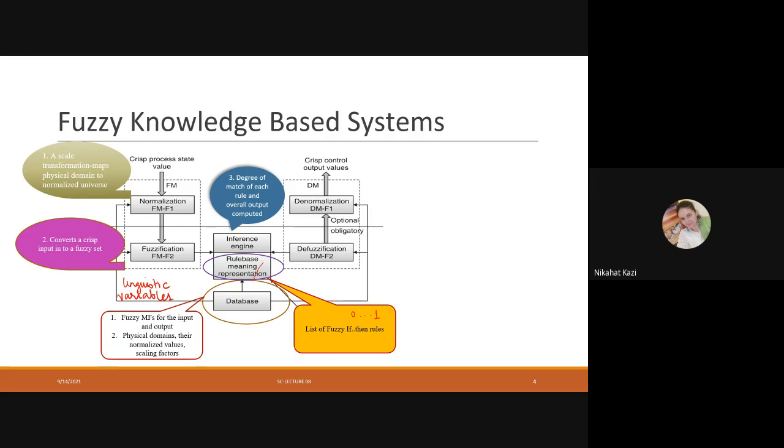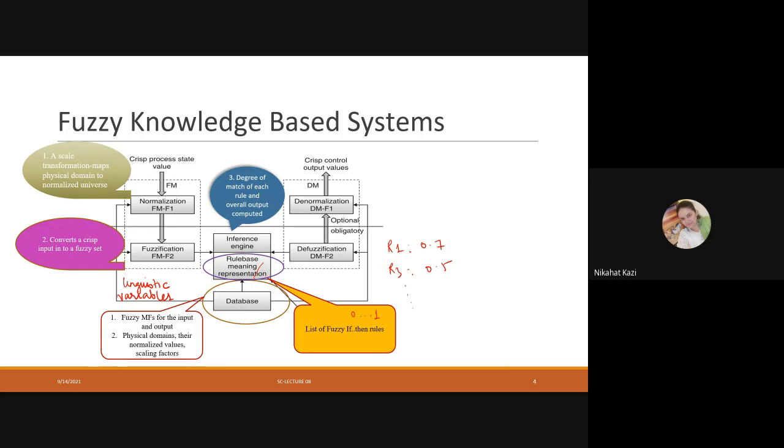Out of that, say 5 rules are matching depending on the value of the input. So each rule will match to some extent. Say rule 1 is matching to some 0.7, rule 3 is matching to 0.5 and so on. Okay. So based on this degree of match, some overall output is computed using some technique that we'll also be seeing.